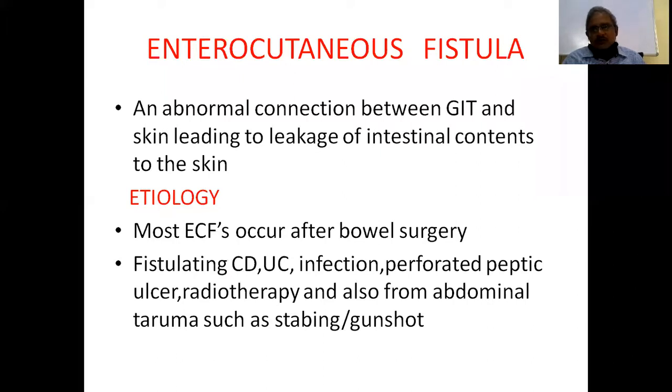So what are the different causes for enterocutaneous fistula? Most enterocutaneous fistulas are iatrogenic to start with. Most of them follow some bowel surgery, because sometimes adhesions may be there, bands may be there, subacute intestinal obstruction may be there, and we do an enterotomy or manipulate the bowel.